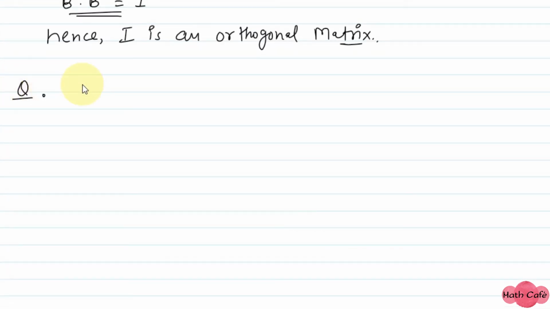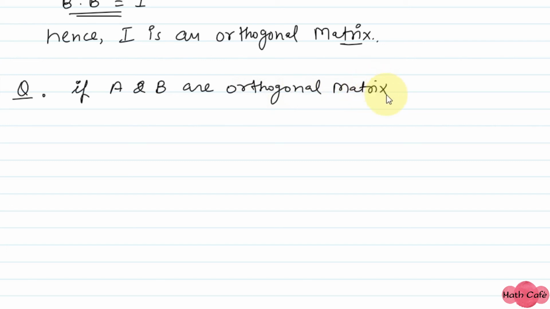So next question is that if A and B are orthogonal matrices, then AB will also be an orthogonal matrix.